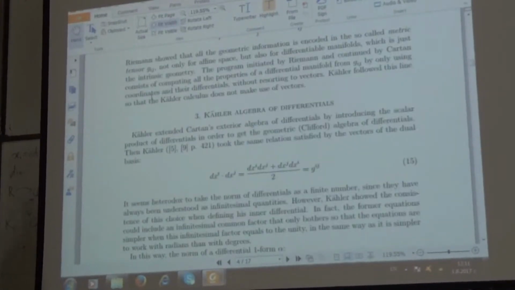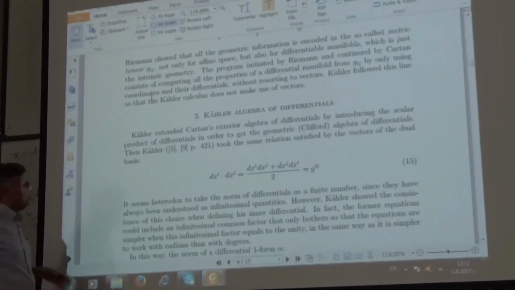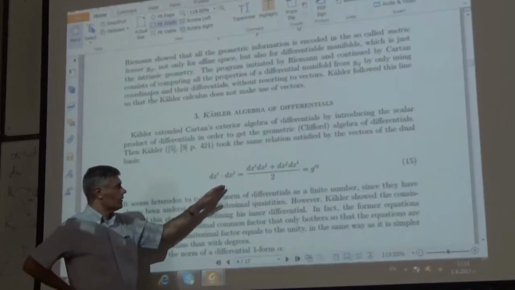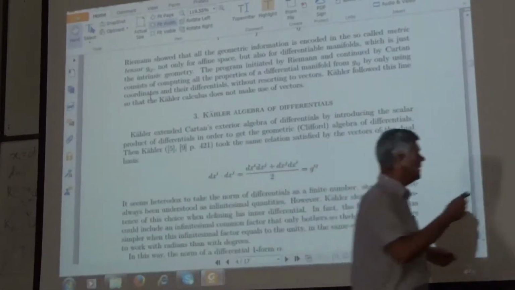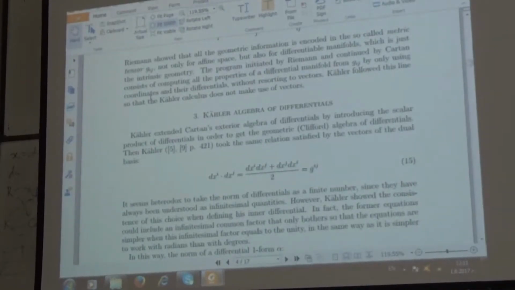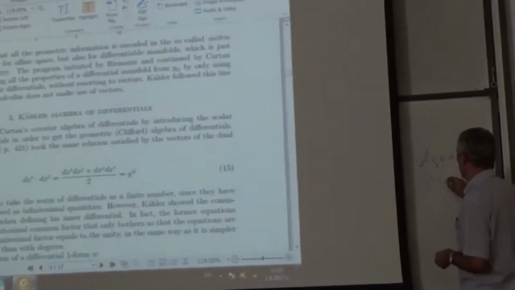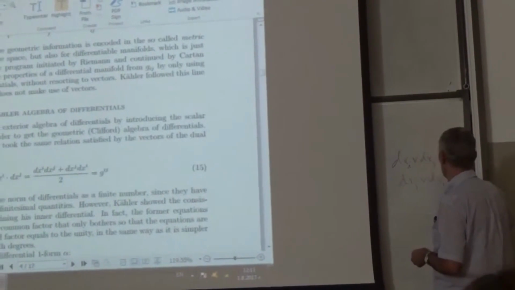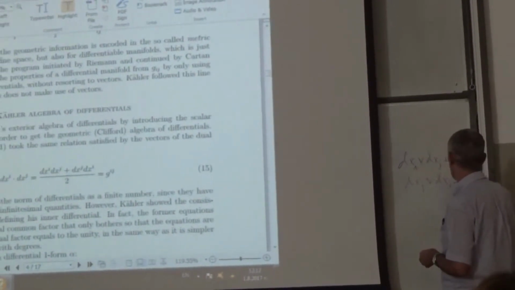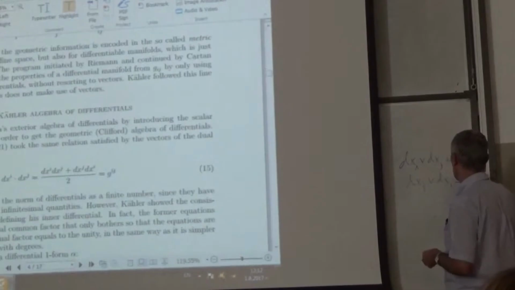Well, we have introduced this before. It was considered the scalar product of differential forms, which is the same as a symmetric tensor product. This is equal, in general, to two times the metric tensor.